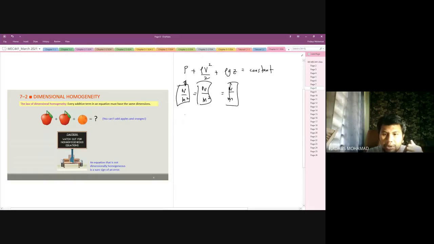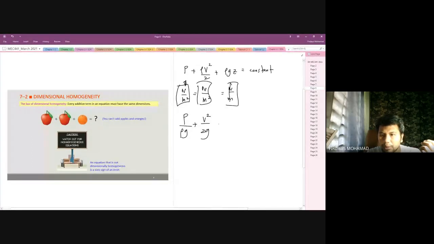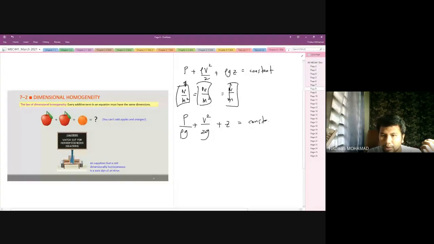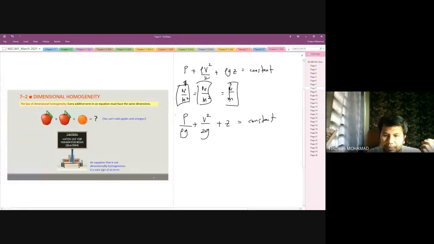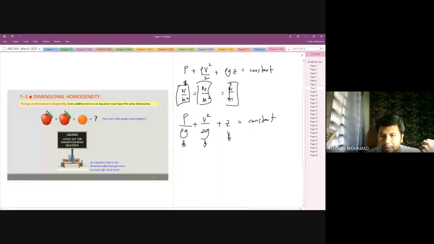Ataupun Bernoulli equation dalam satu bentuk lagi, P over rho G plus V squared over 2G plus Z equal to constant. Kalau belajar chapter sebelum ni, ni dalam bentuk apa? Head kan?